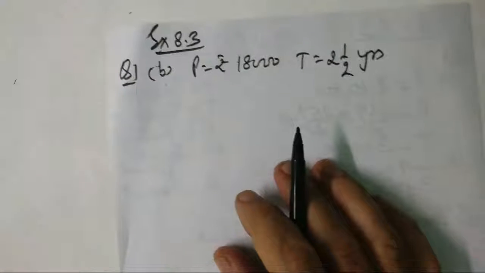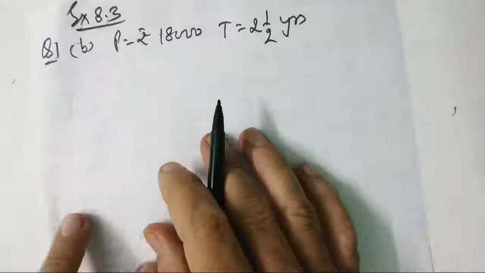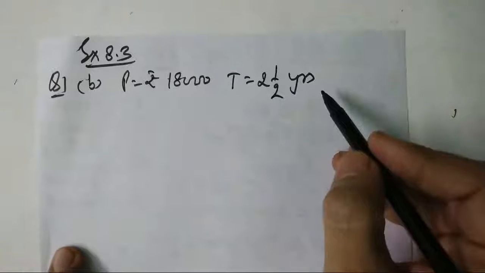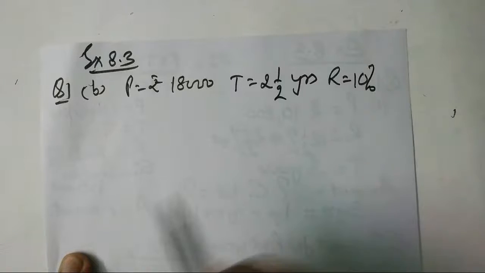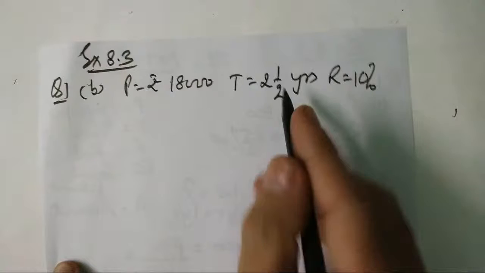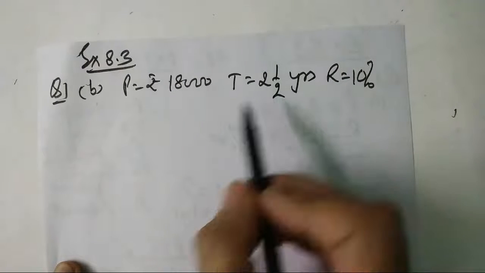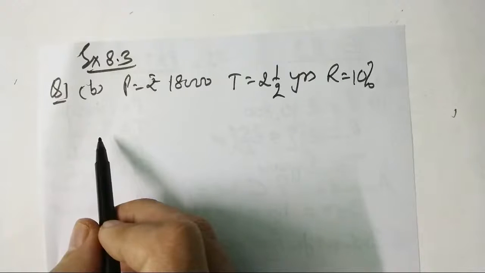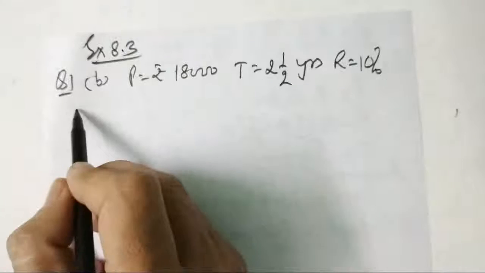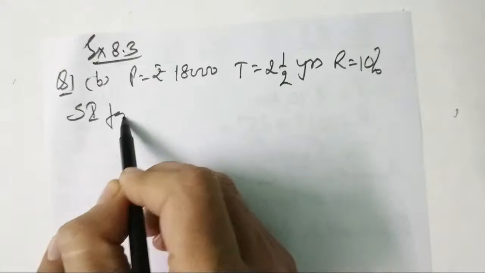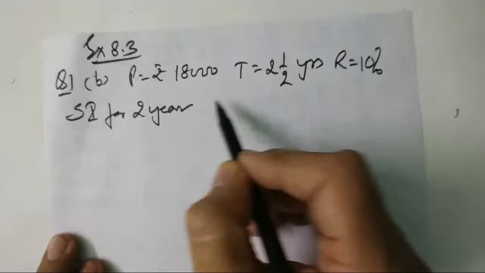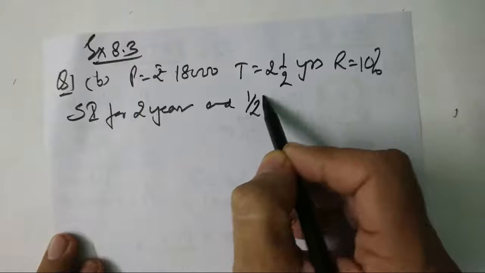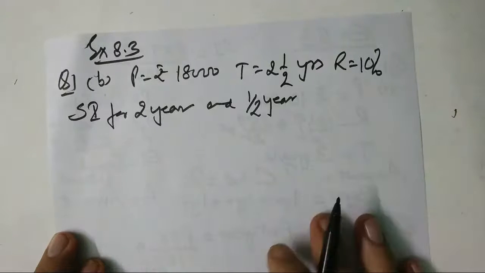It is compounded annually and the rate is 10%. These are the information given. So if the time is 2.5 years and we are using the simple interest formula, you will calculate the simple interest for 2 years and the half year you will round off.